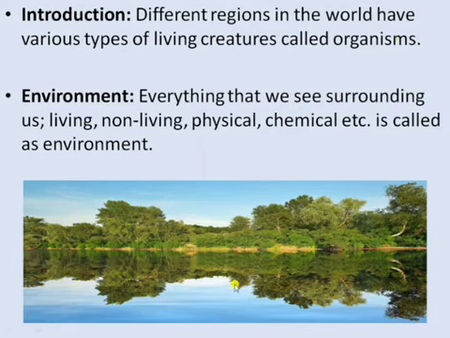As you can see in this picture, there are living things, the plants, and non-living things, the water, air, soil, and some physical and chemical activities, which together are called the environment.